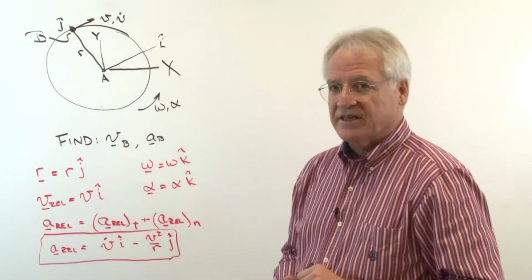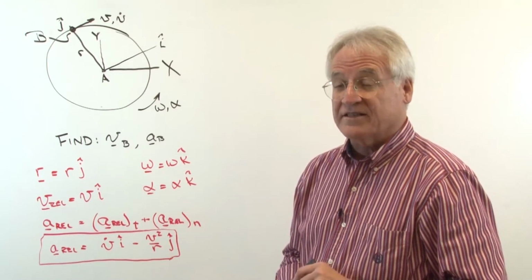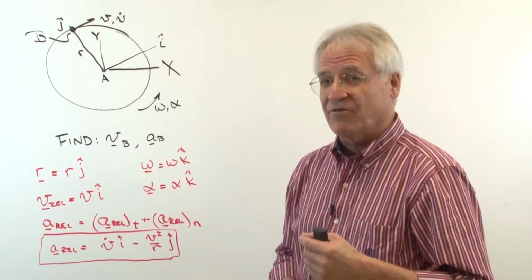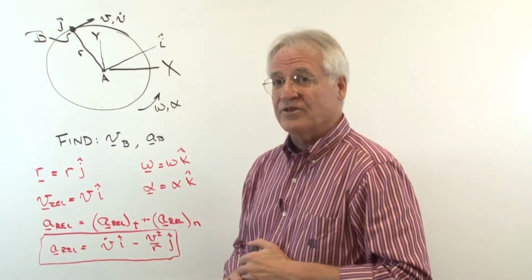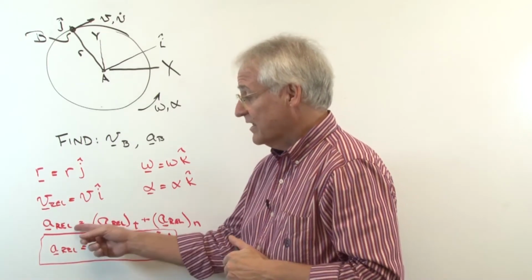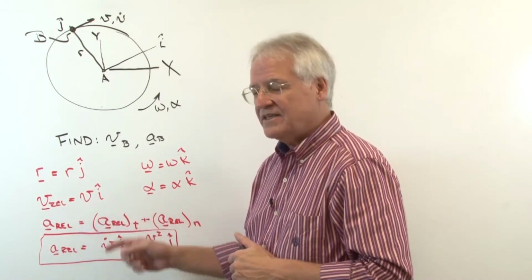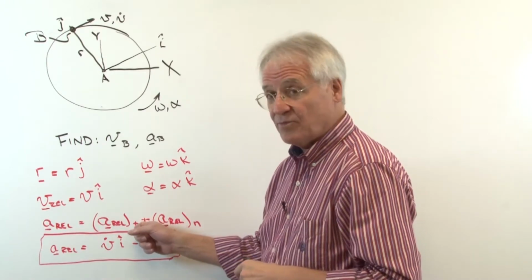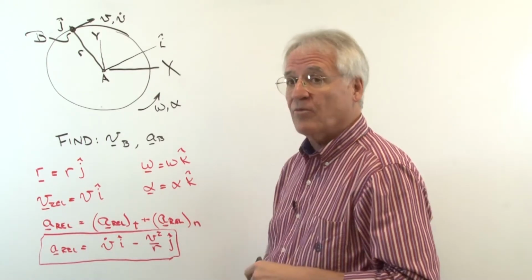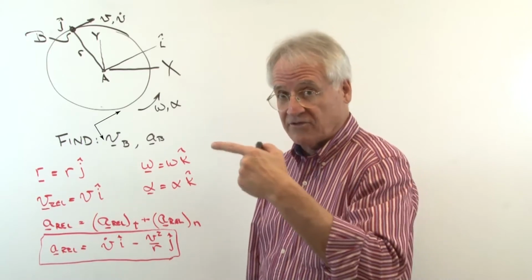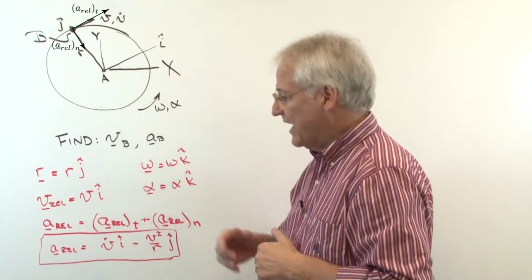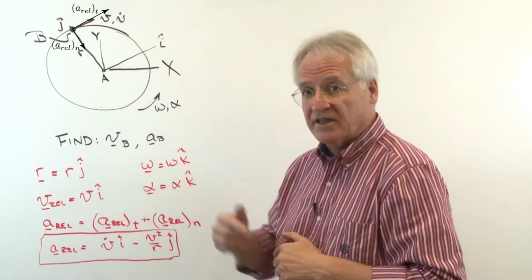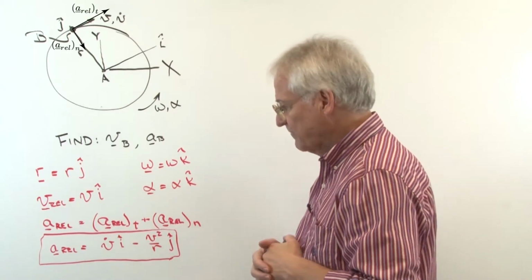Now the next one is even a little trickier, and that is the acceleration of the point relative to the body coordinate system. That is to say, a_rel, in this case, has two components. It has a tangential component and a normal component. Tangential in the direction of the track's rotation, and the normal toward the center.